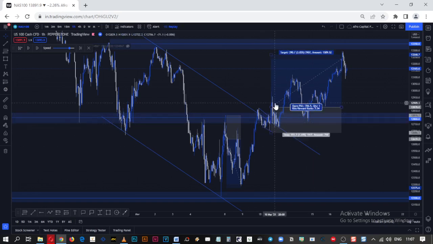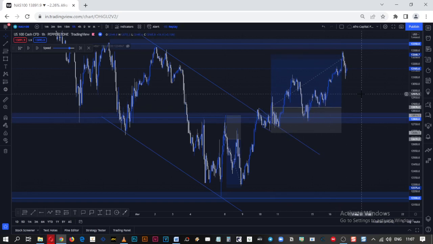As soon as price breaks out of that pattern, you can enter your buys, meaning price is ready to surge forward in a continuation manner.